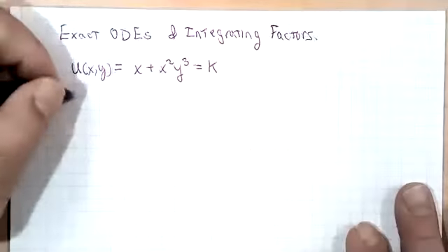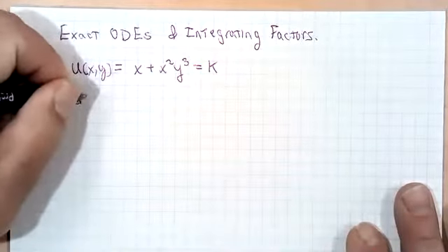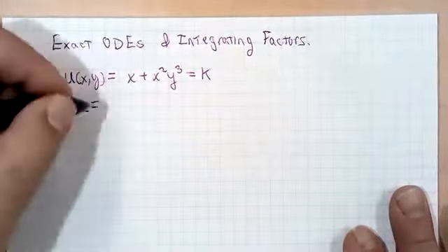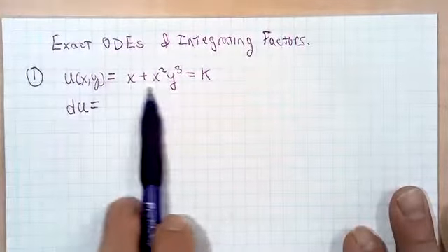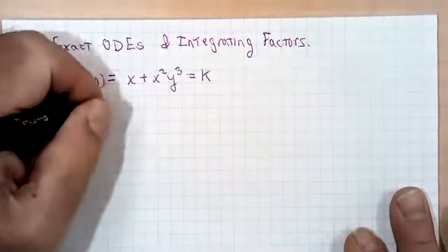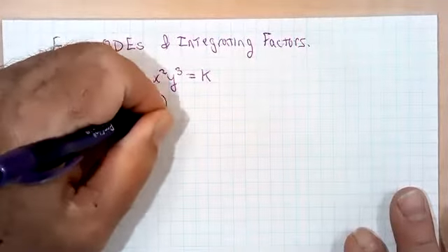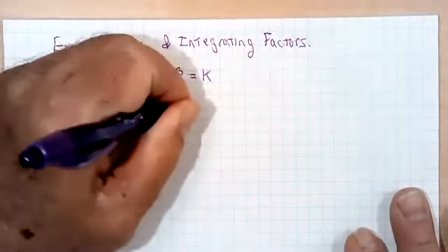And then were we to compute the differential of this function of two variables, you take the partial derivative of this function with respect to x, and multiply that by dx.